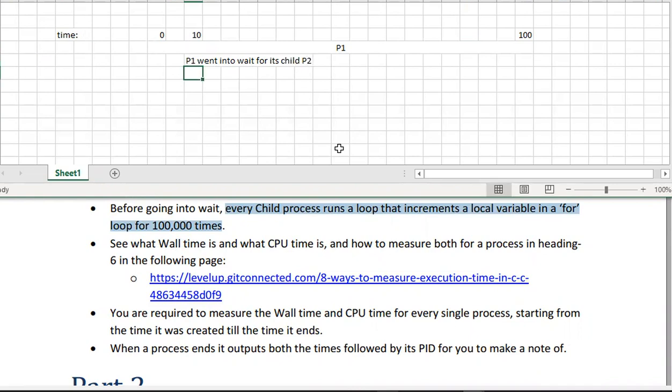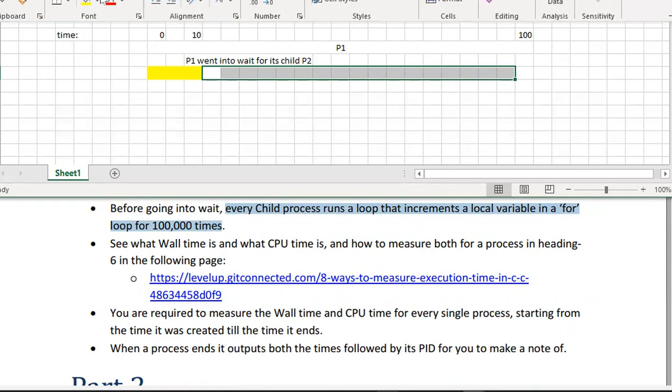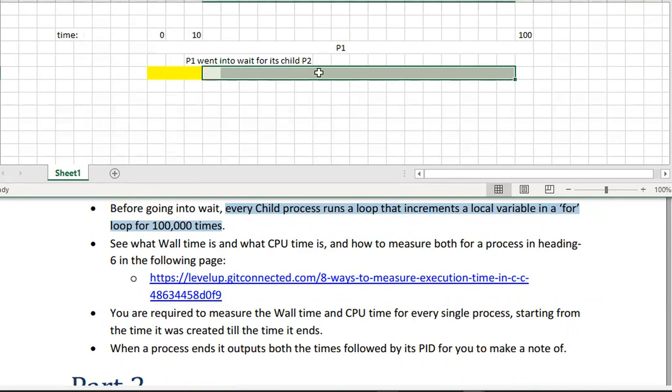So starting from this to this time was the only time when process P1 was running in the CPU. But for as long as P1 waits for the child process P2 to finish execution, this time will be reported inside the wall time, but it will not be reported with the CPU time. CPU time will only be this time.